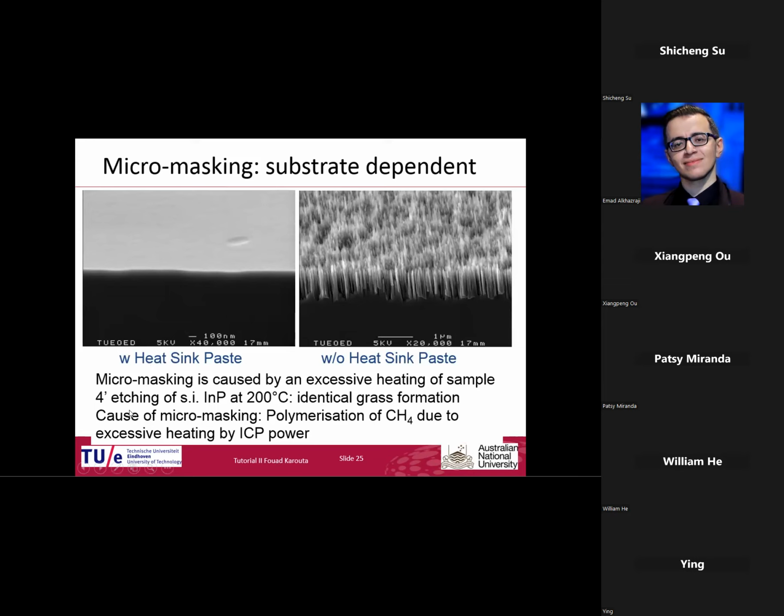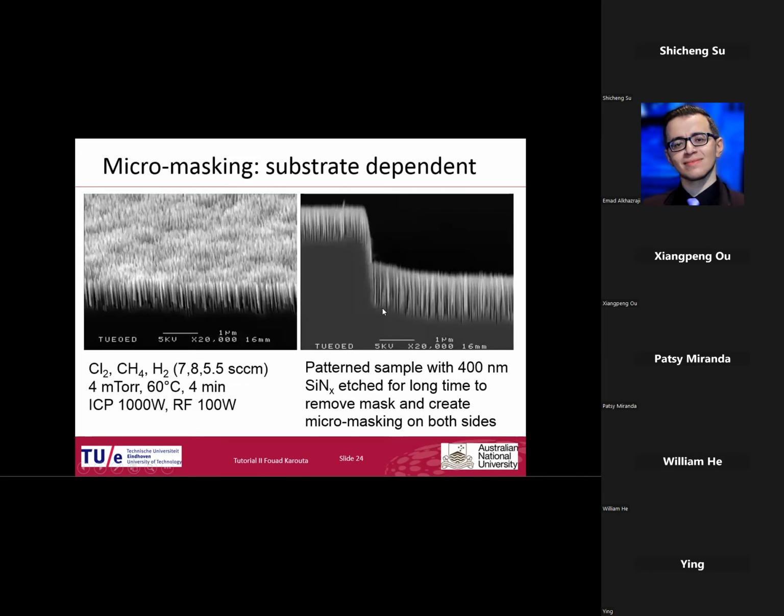So here, etching at 200 degrees, it means that the micromasking is coming from excessive heating of the sample. So it's a completely different micromasking than the first we talked about. And you see even here, when you consume your mask, you still get the same micromasking as in the bottom.